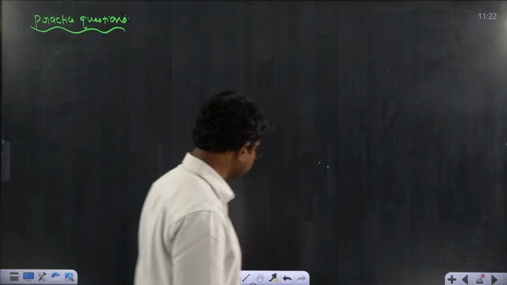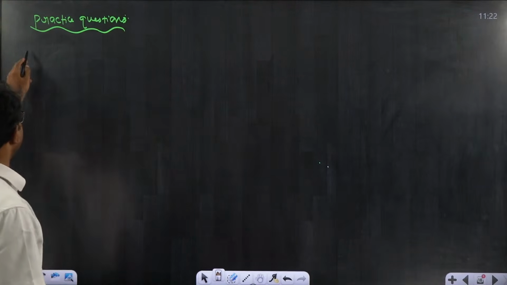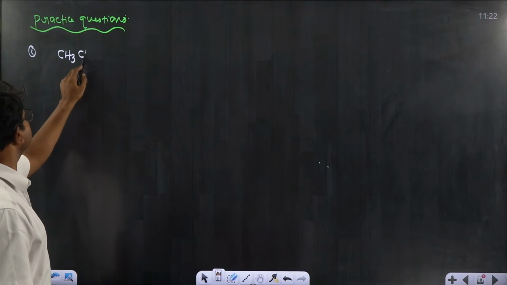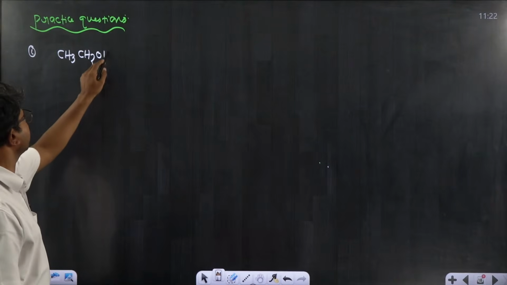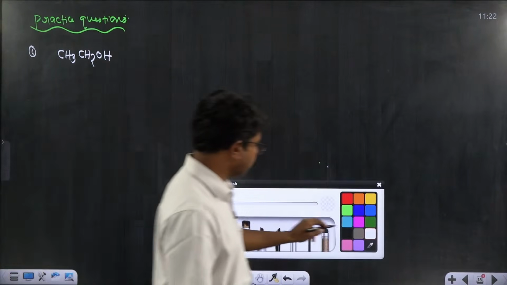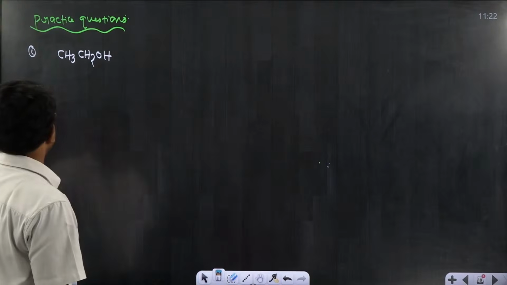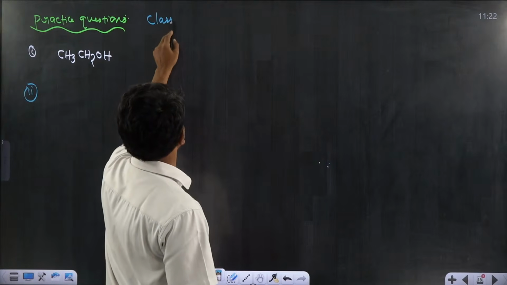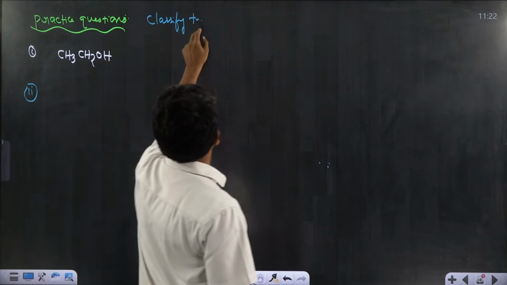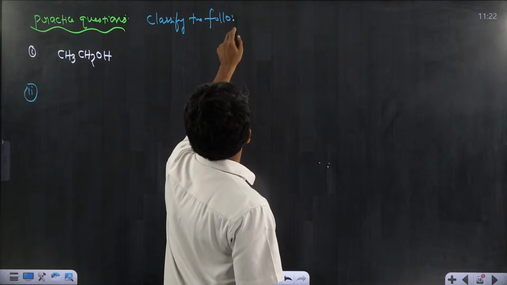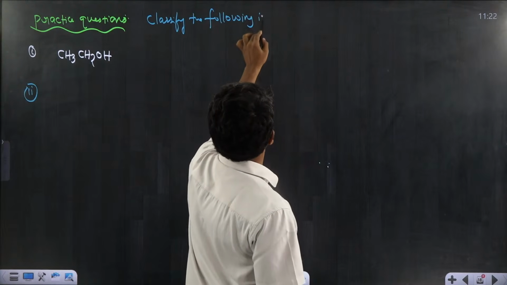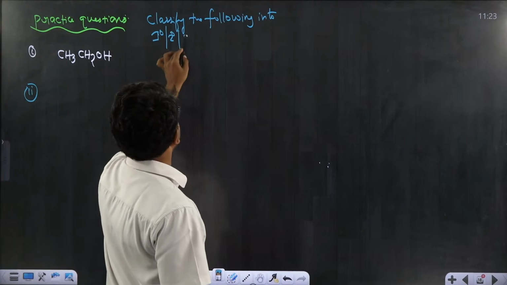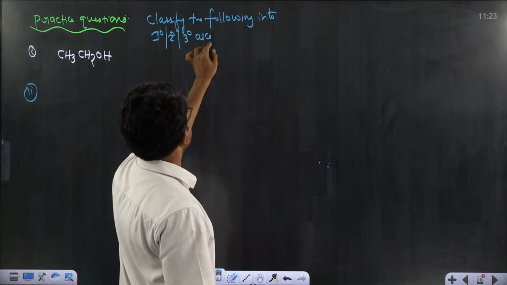Okay. Now look carefully. Let me start with a very simple and basic example. CH3CH2OH. Can anyone name this compound? It is a very familiar compound. Same question: classify the following into primary, secondary or tertiary alcohols.